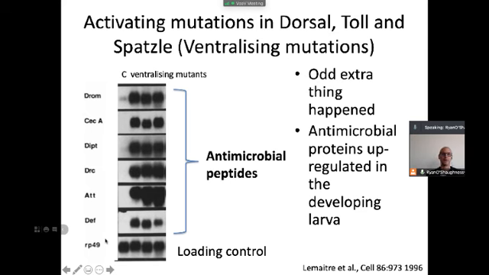So when we activate this toll dorsal pathway, we get increased antimicrobial response. So some kind of immune response due to the activation of these genes.